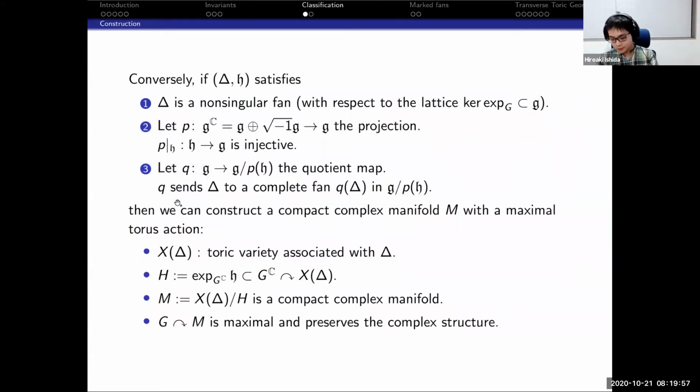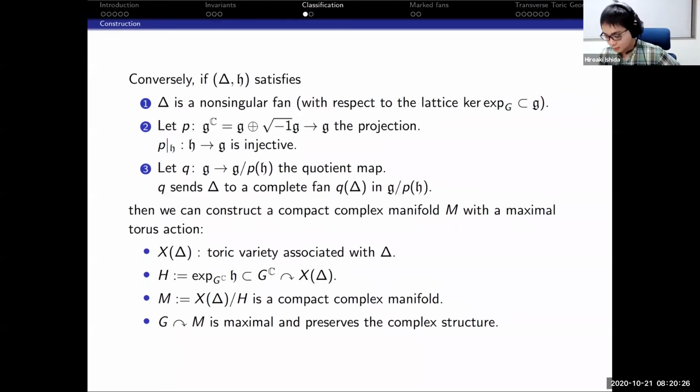So conversely, if the pair of fan and vector subspace satisfies the condition appearing in the proposition, then we can construct a compact complex manifold M with a maximal torus action in the following way.